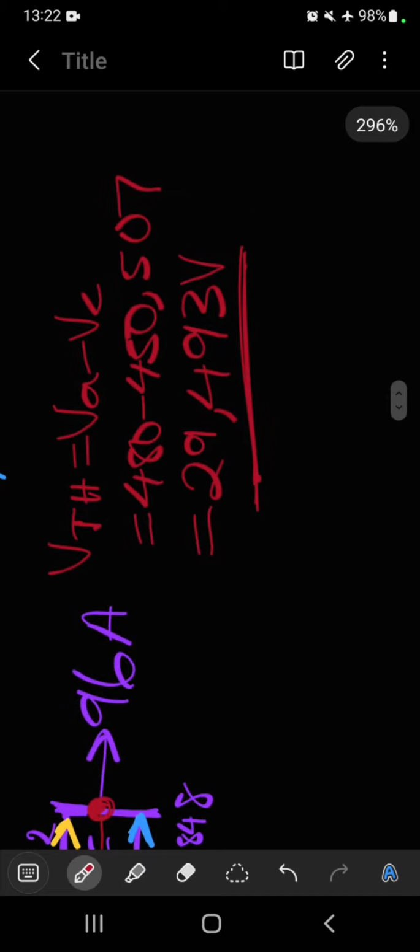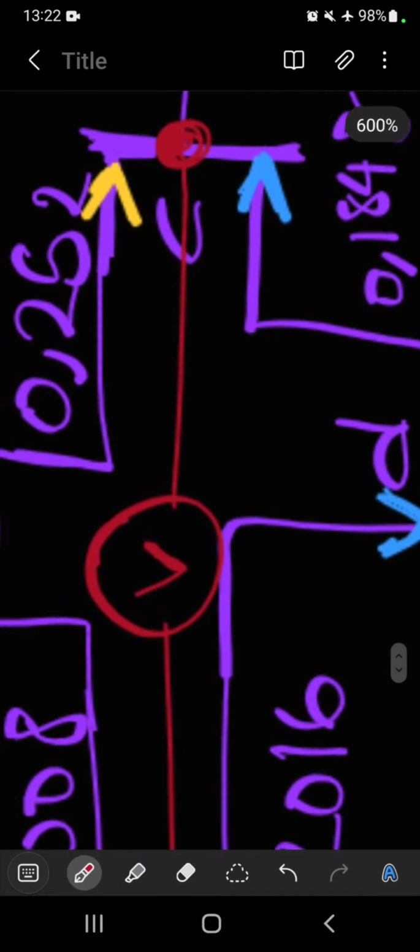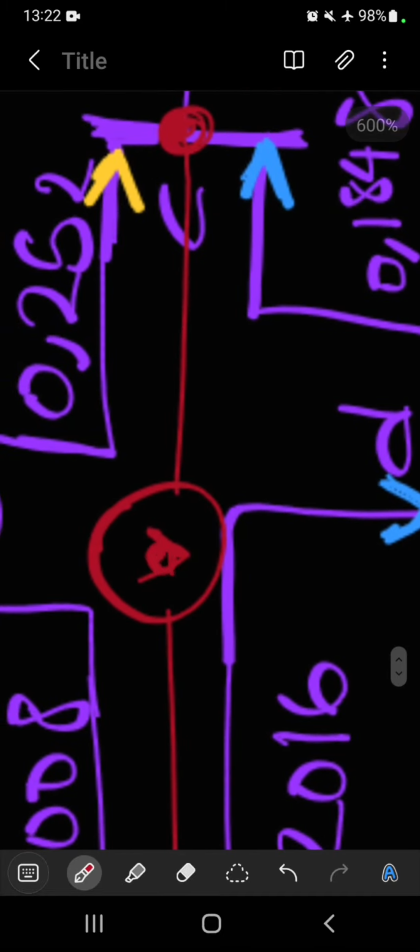So after that, we have to find the Thevenin resistance. I'm gonna remove the voltmeter there and instead put our ohmmeter there.